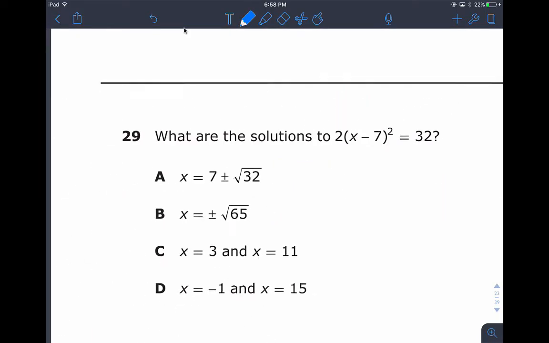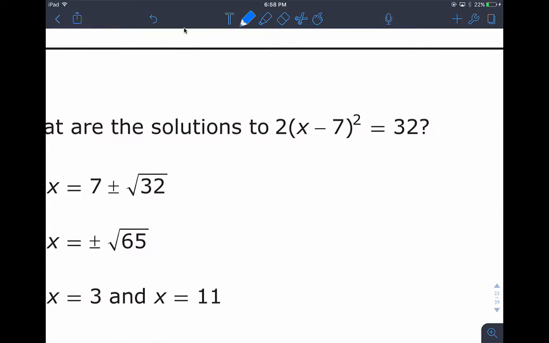What I would do on this problem is take this 2 right here, and instead of distributing or multiplying by 2, I'm going to get around that by dividing both sides by 2. If we can do opposites, we can cancel those things out. And then we say, okay, x minus 7 equals 16 in this case.